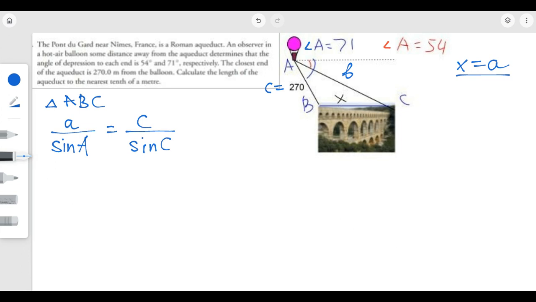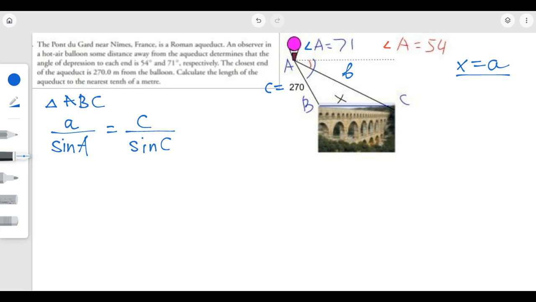Now, you remember the next step is to insert the known values. So let's see what we have. First of all, angle A in this triangle is going to be the difference of blue angle A, which is 71 degrees, and red angle A, which is 54 degrees.